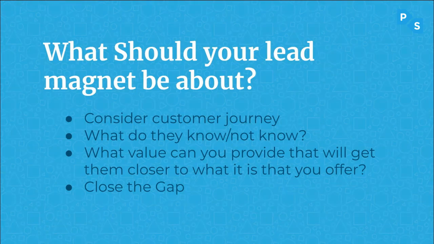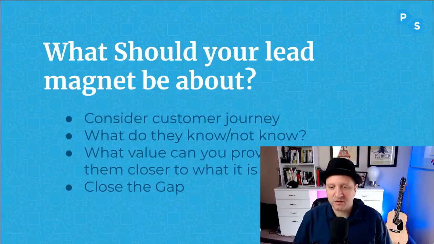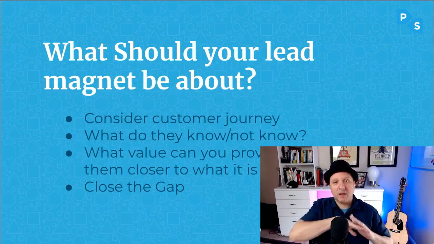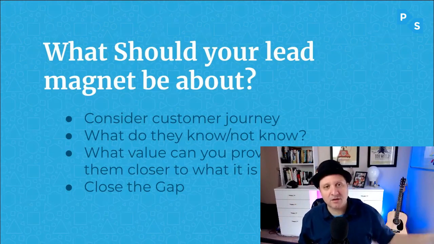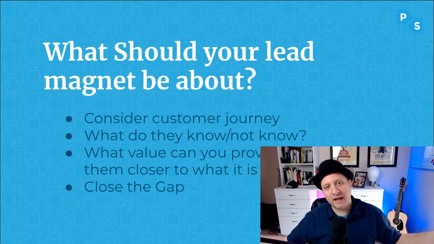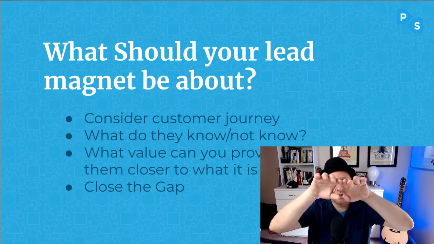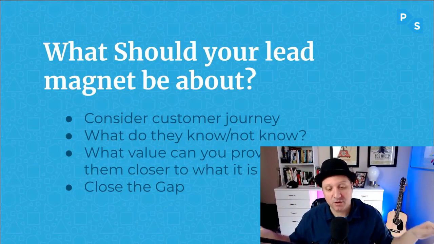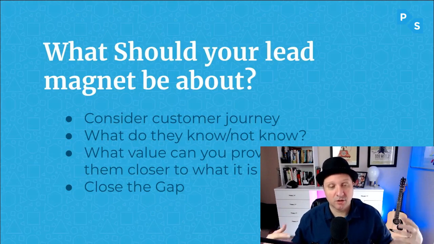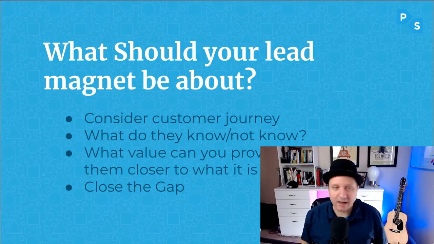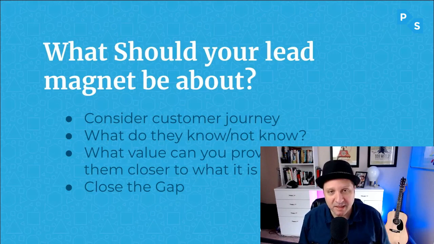You have to figure out where they are in the arc. I'm going to bring myself on camera here so we can see both me and the slide. When I say customer journey, I'm talking about the arc of where they start with you and where they end with you. There are different points that your customer is going to be on their journey with you. In my case, it would be somebody who is starting out in business, doesn't really have a brand, and doesn't know much about a brand.